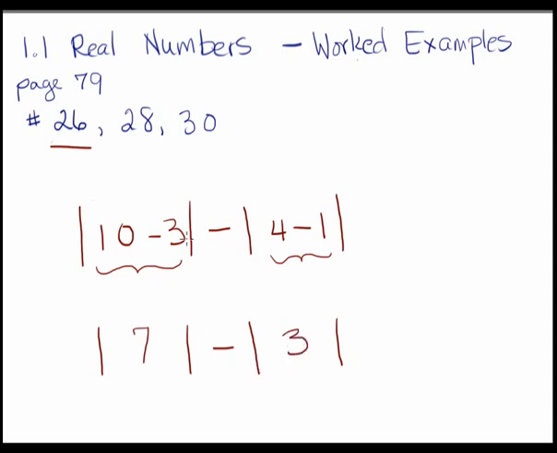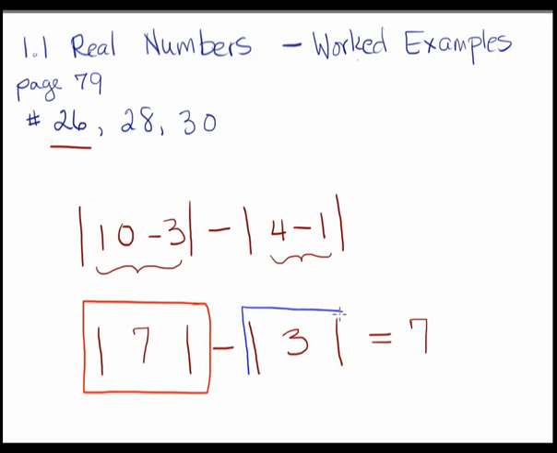Now that I've done the work inside the grouping symbols, I can evaluate the absolute value of the number 7. The number 7 is 7 units away from 0 on the number line. So the absolute value of 7 is 7, a distance of 7. I can also evaluate the absolute value of 3.